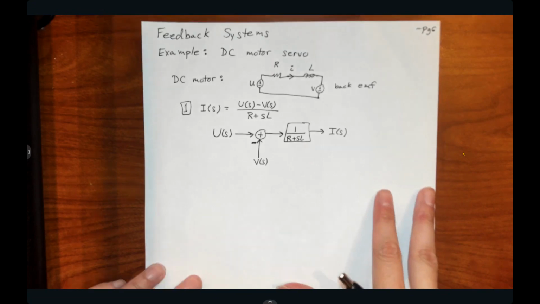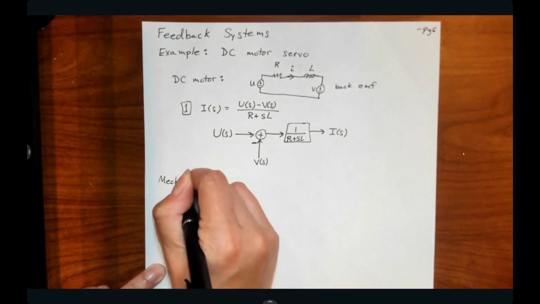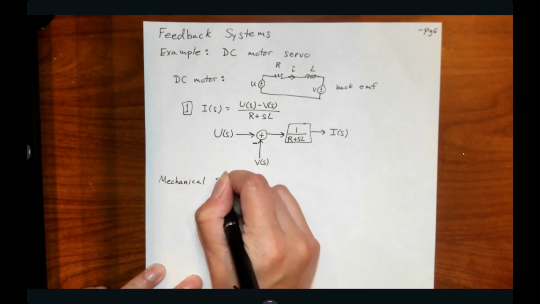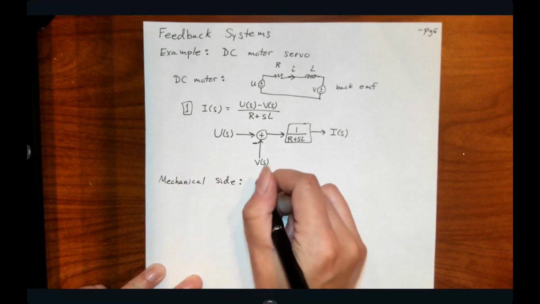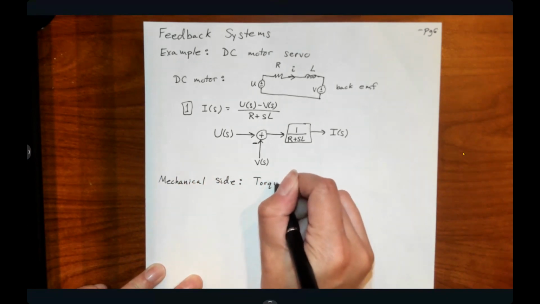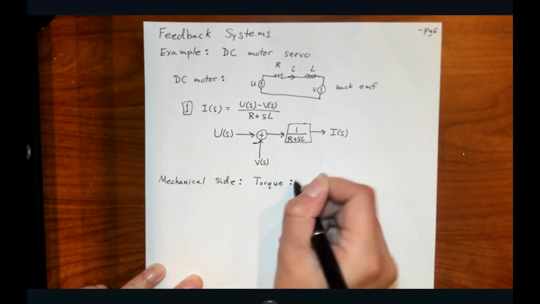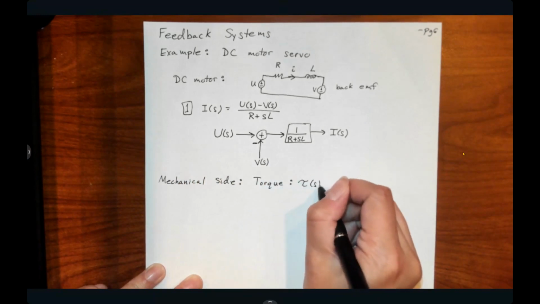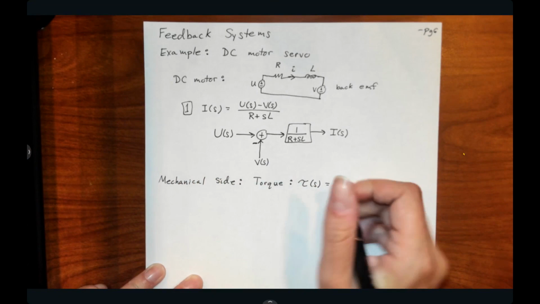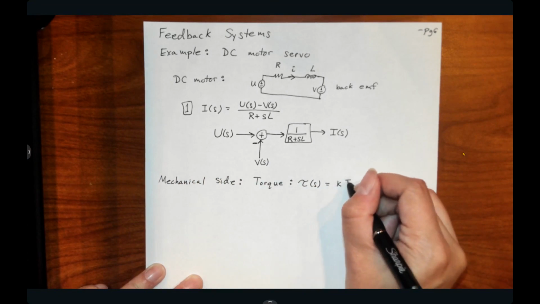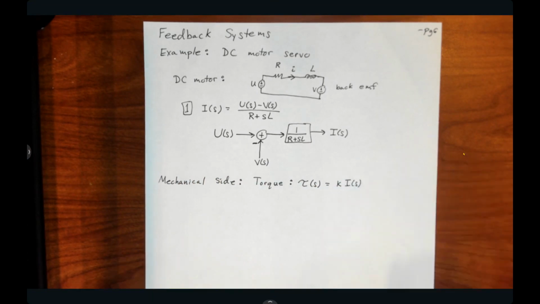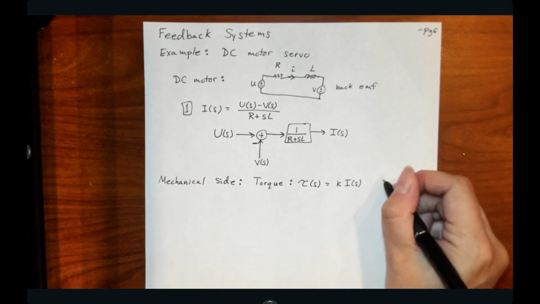All right, so the next part, if we look on the mechanical side, we have a torque, which is generated by the motor. We'll call this torque tau. And this torque that's generated is related to the current of the motor. Let's call this expression 2.